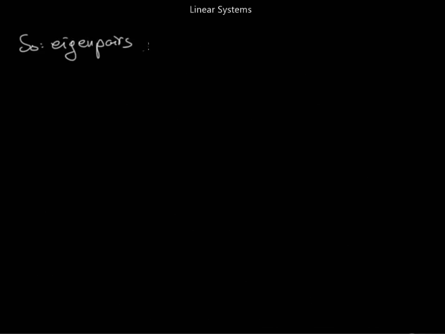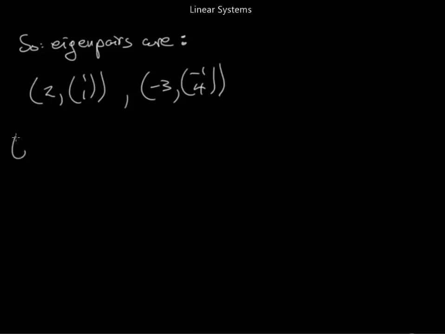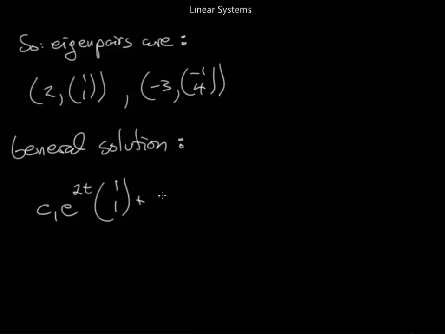All right, so here are the eigenpairs. I found 2 and the vector 1, 1. And I also found minus 3 and the vector minus 1, 4. So the general solution is of the form C1 e to the 2t times the vector 1, 1 plus C2 e to the minus 3t times the vector minus 1, 4.